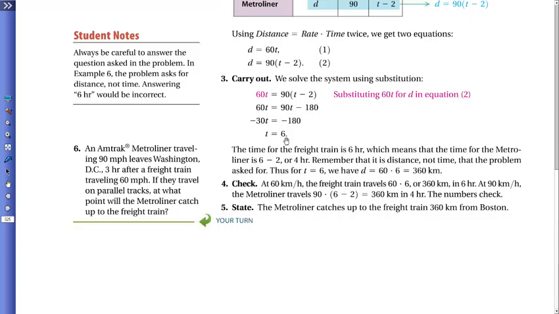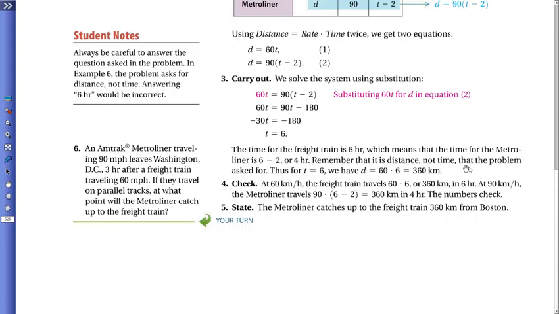t is the amount of time for which train? That's the freight train that left right away. So it traveled for 6 hours. And then how long would the Metroliner have traveled? Well, it's going to be 2 hours less because it left 2 hours later, so it would be 4 hours.